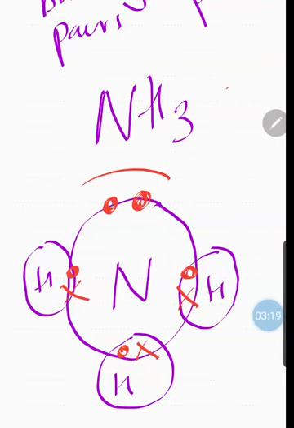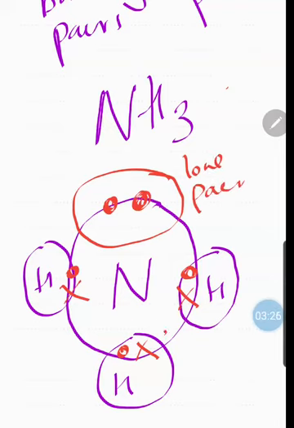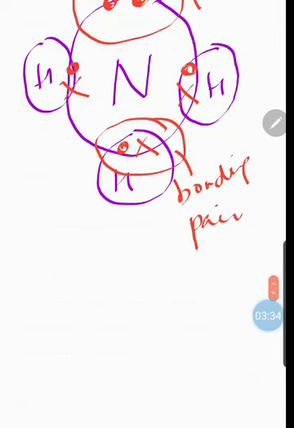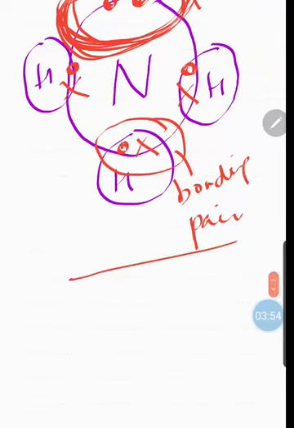This spare pair of electrons we are going to call a lone pair. It's not bonding with anything. This pair of electrons, this dot and cross, we're going to call a bonding pair. So in other words, wherever you have a bond between 2 atoms, where each atom is sharing an electron each, that's a bonding pair. Where the pair of electrons is not bonded to anything, just as in ammonia, the one I'm circling, that's my lone pair.